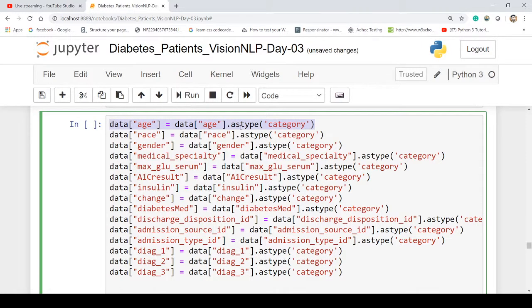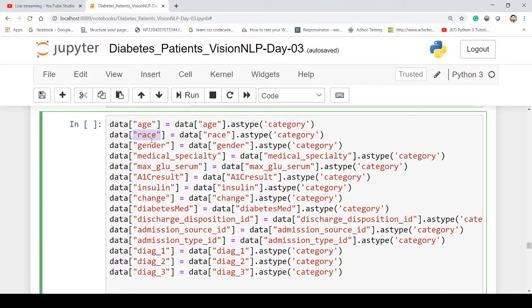So we are using astype, changing all this categorical data to numerical data. You can just pass the value and assign it to a different argument. That's it. You can do the same for gender as type category, medical specialty.